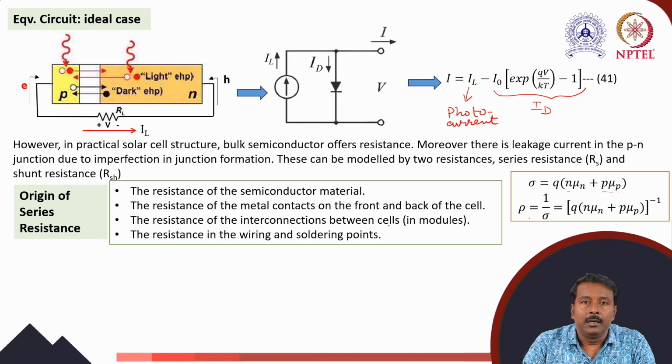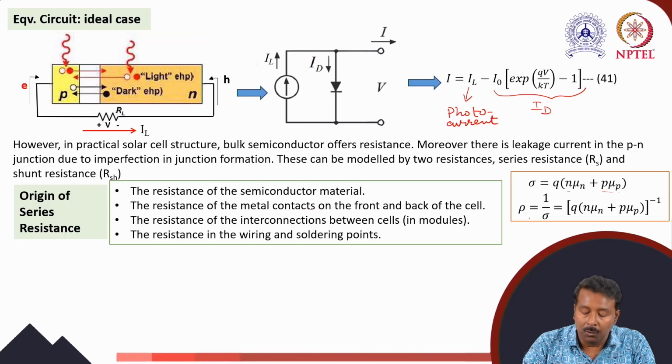So there may be m by n number of solar cells. Interconnection from one cell to another is generally made by connecting wires, copper wires or whatever they may be. In that case, the resistance offered by that interconnection also contributes to the series resistance in the case of a module.